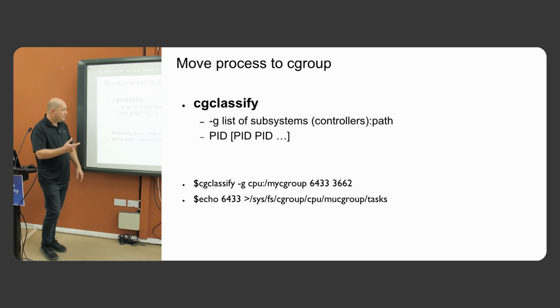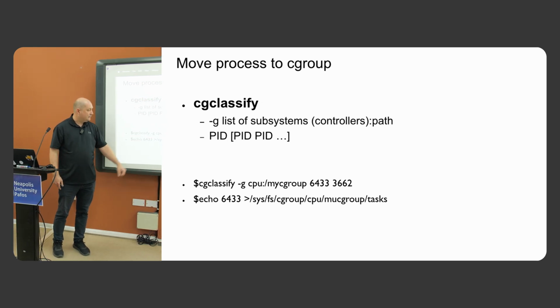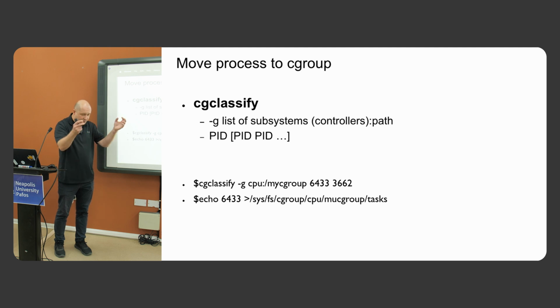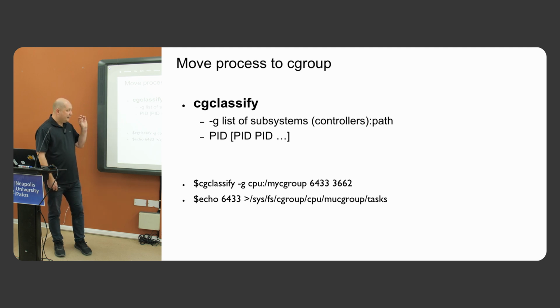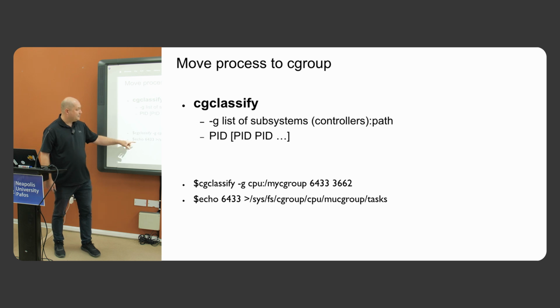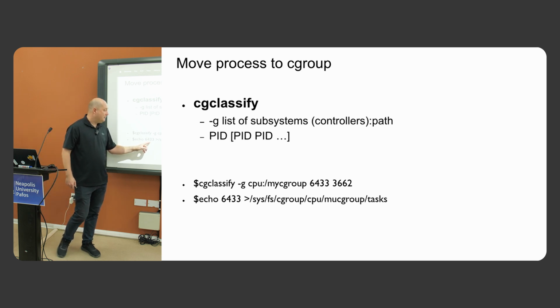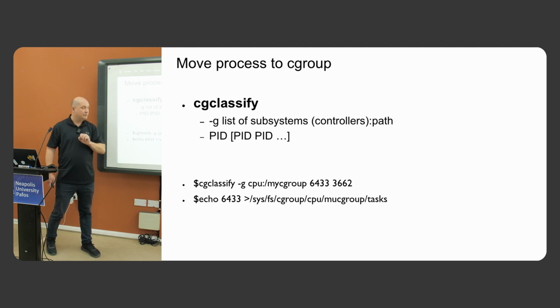If I cat it, I will see that set of processes, but if I write to this file, I will put a process into this group. So if at this moment this process belongs to some other group, it will be removed and moved to the new one.